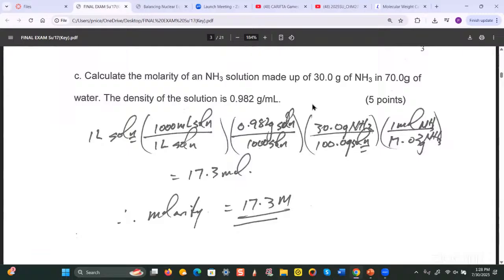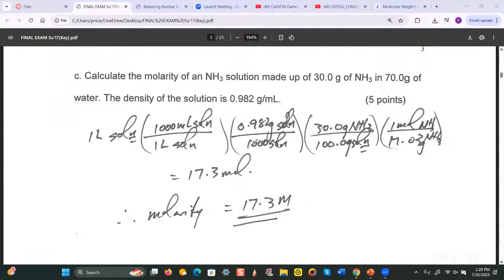Now, because the density is 0.982 grams, we can find out what the mass of the solution present in 1 liter, and that's where we multiply the 0.982 grams by, this should be 1 mL of solution. So that's another error right there. So let me correct that.